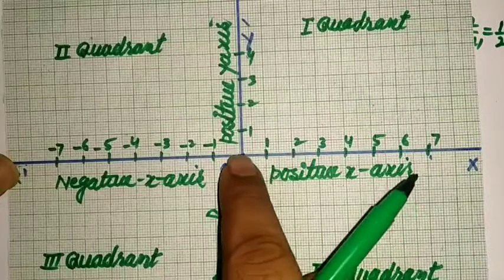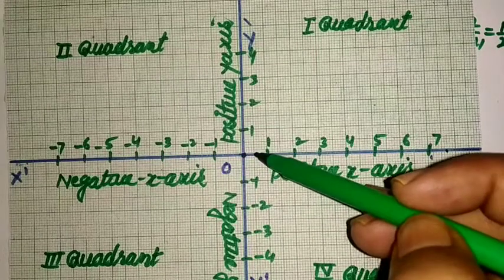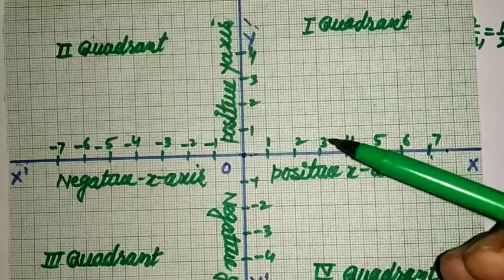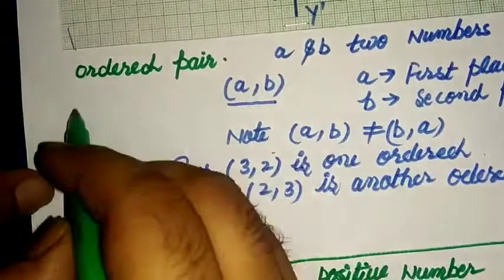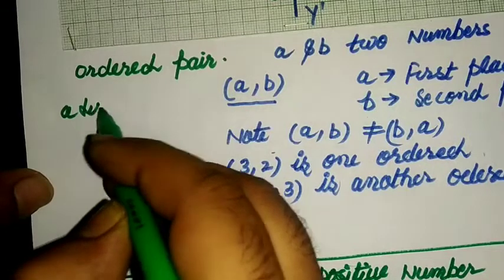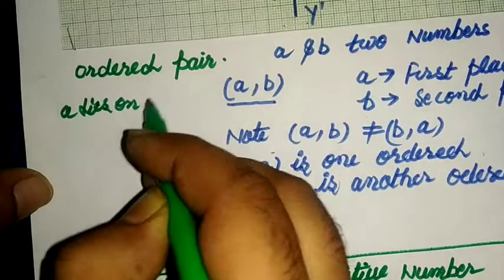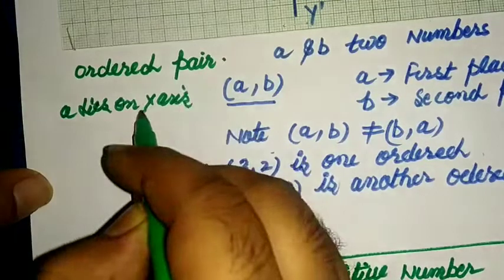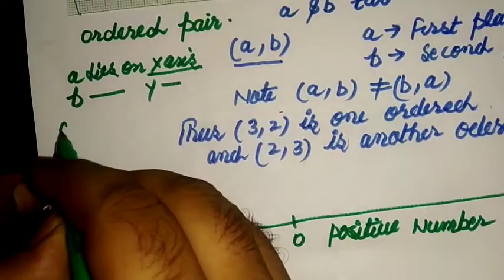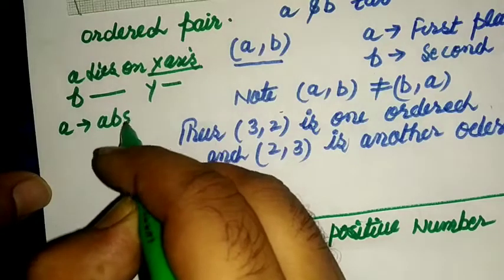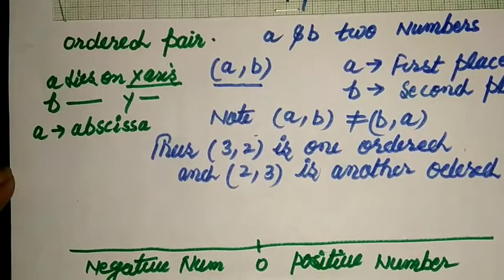So the first point in an ordered pair lies on the x-axis, and the second point lies on the y-axis. In the ordered pair, you can see the first letter is A, so A lies on the x-axis, and B is the point of the y-axis. The first letter is known as abscissa, and the second is known as ordinate, isn't it?